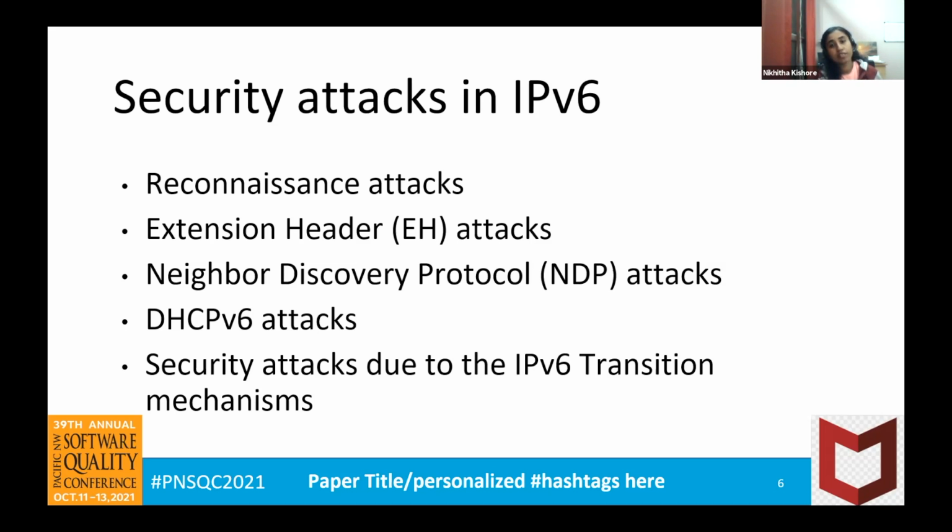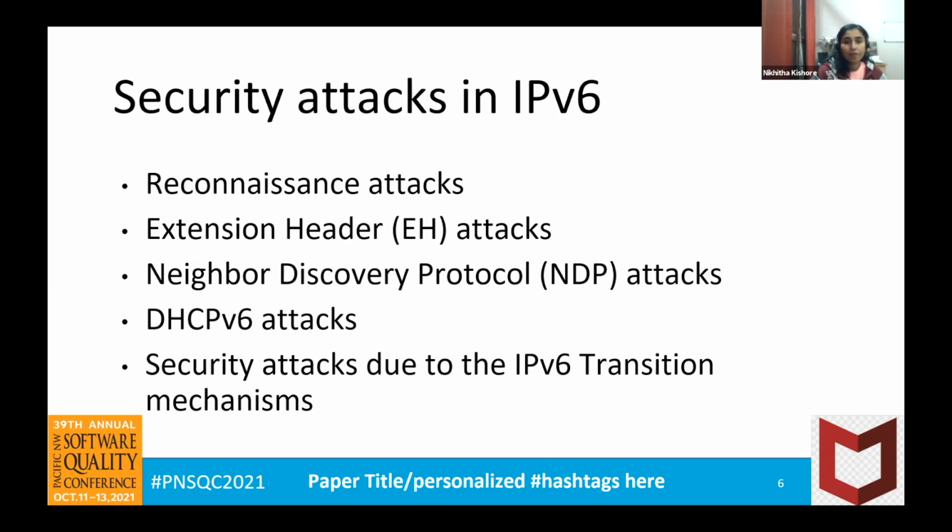As the name suggests, reconnaissance means knowledge gathering. What reconnaissance attacks do, even in IPv4, is collect information in the network. In IPv4, it's very simple. You can just do a ping sweep and understand how many hosts are connected to the network, how many of them have open ports, how many system vulnerabilities are there. A simple ping sweep will help you do all of that.